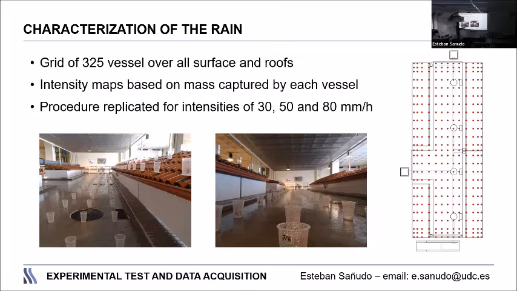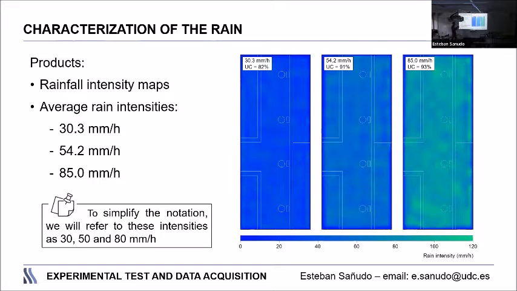This is the grid of vessels, and with this, we can make the raster of precipitation or raster of rainfall intensity. We planned 30, 50, and 80 millimeters per hour, and we obtained 30.3, 54.2, and 85 millimeters per hour, so we have a very good system.